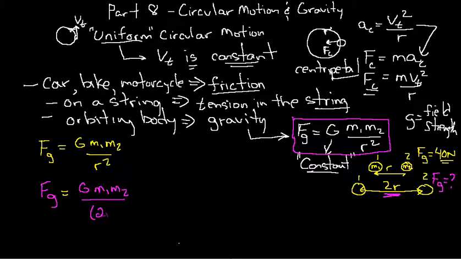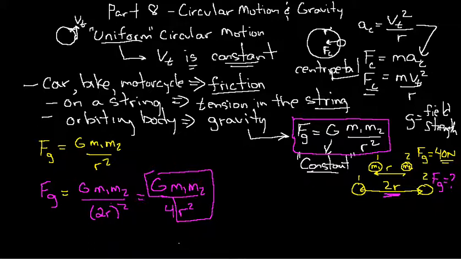Now it's twice r squared. And when you do that, you come up with G m1 m2 over 4r squared. So you can clearly see then that the new force of gravity is 1/4 of what you originally had up here.